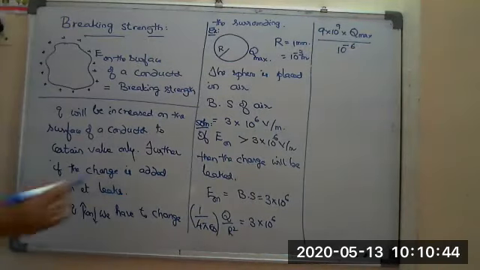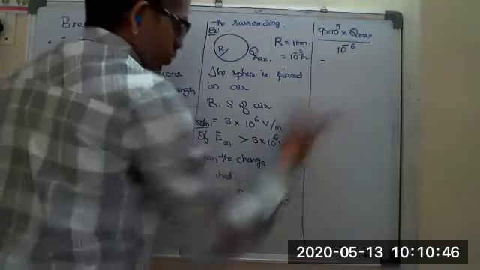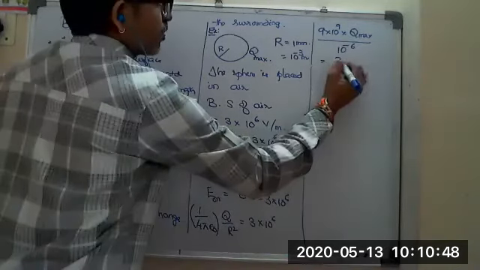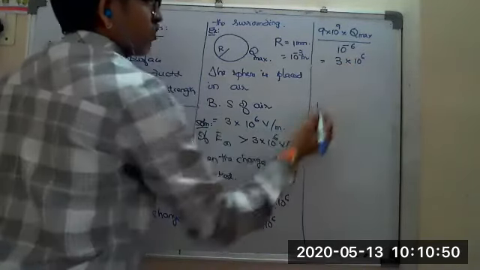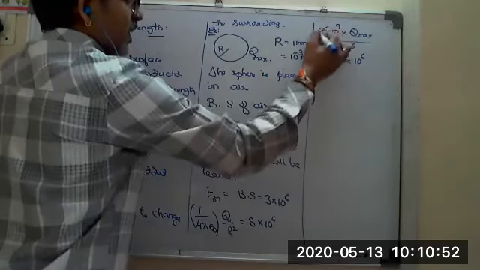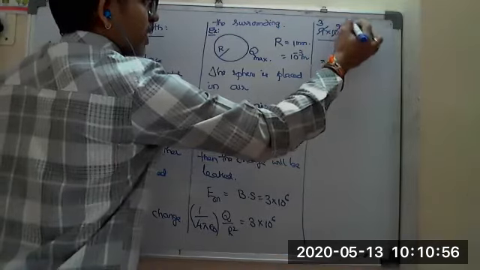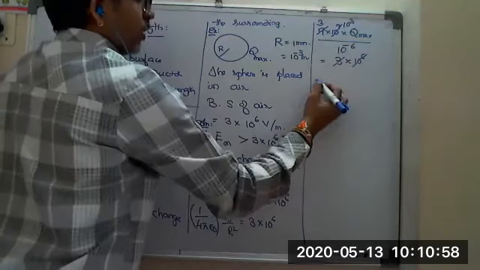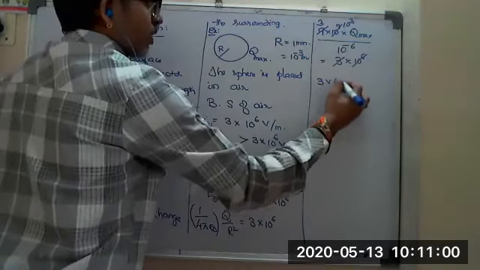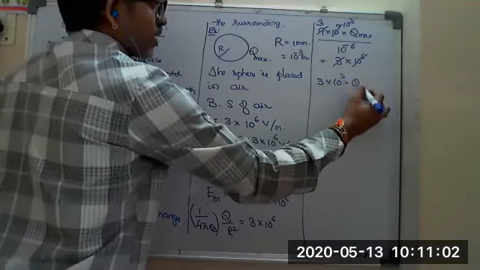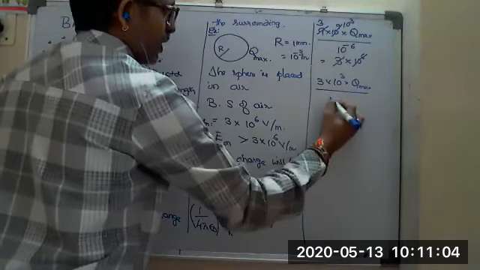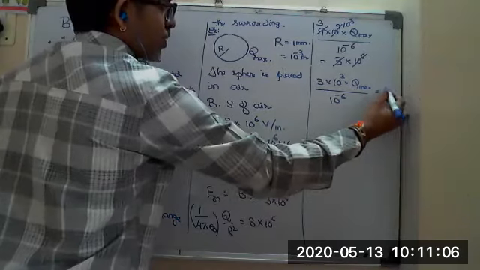On the right hand side we have 3 into 10 power 6. If you cancel 3 times, and 10 power 6, it becomes 10 power 3. So 3 into 10 power 3 into q max by 10 power minus 6 equals 1.